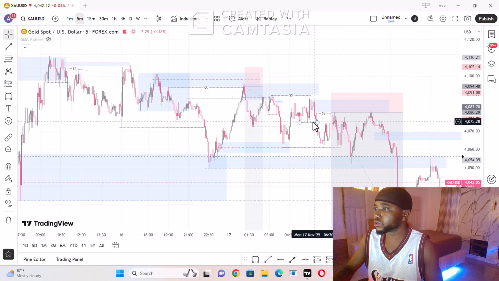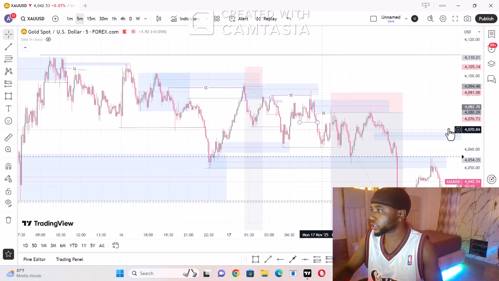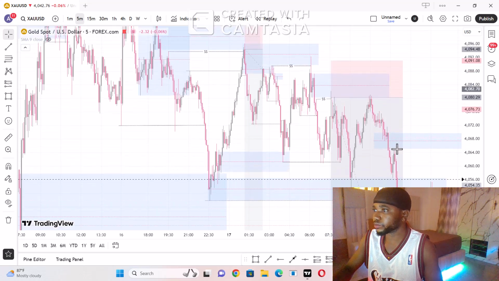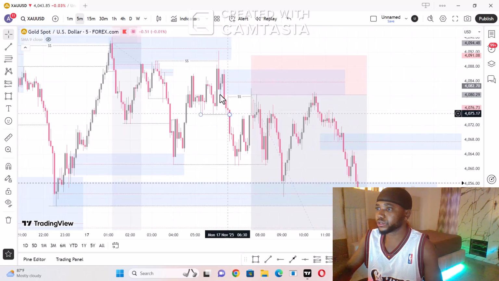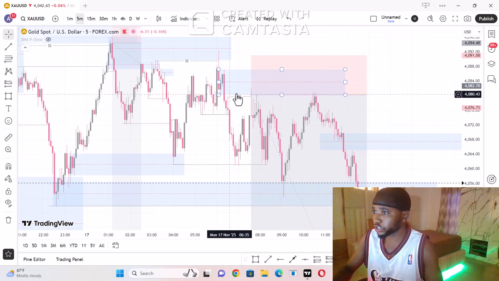So after this market shift, let's go to 1 minute. Not even 1 minute, I figured out this order flow that caused this market shift. Let me zoom it. This order flow that caused this market shift, I took it out, and this candle refused to touch it before the market started moving down.